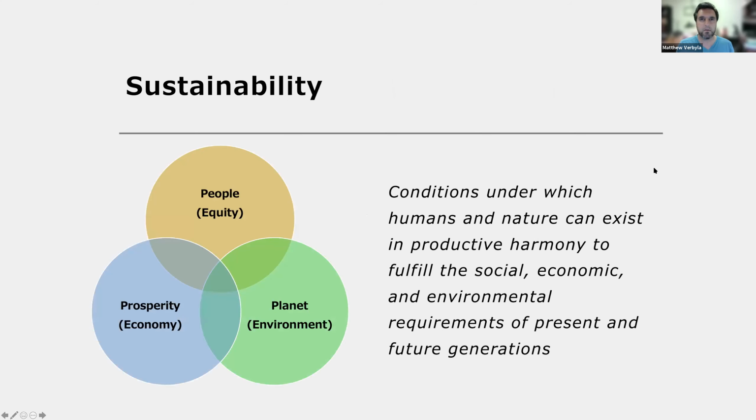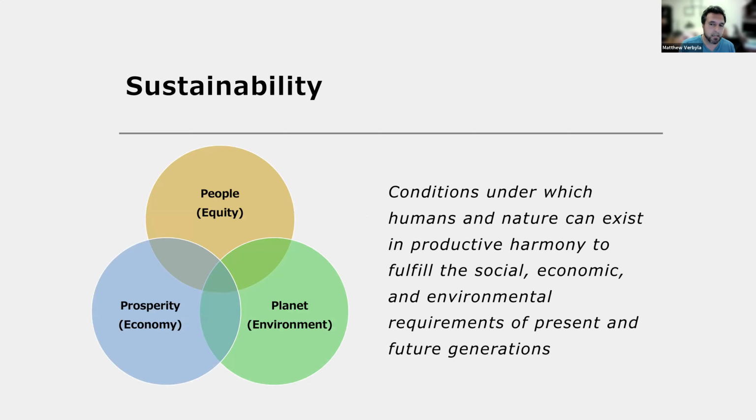All right, so now let's talk about how sustainability has been defined by various international organizations. So in general, sustainability is often considered to be at the confluence of people, planet, and prosperity, or in some cases, it's been termed as equity, environment, and the economy.